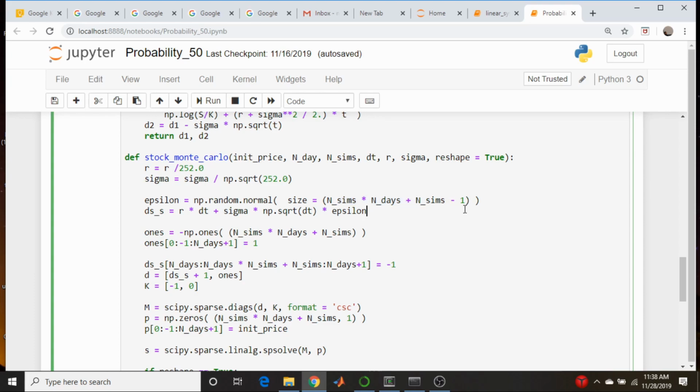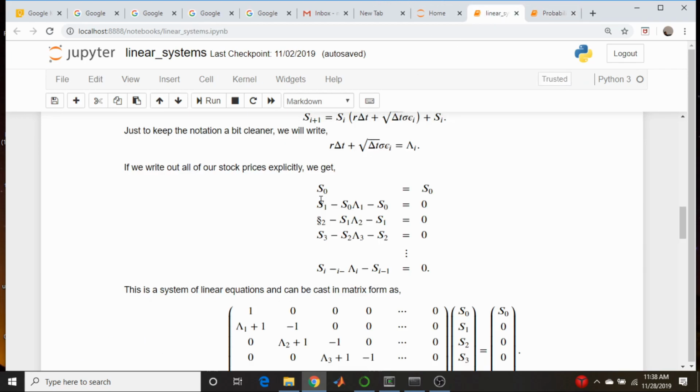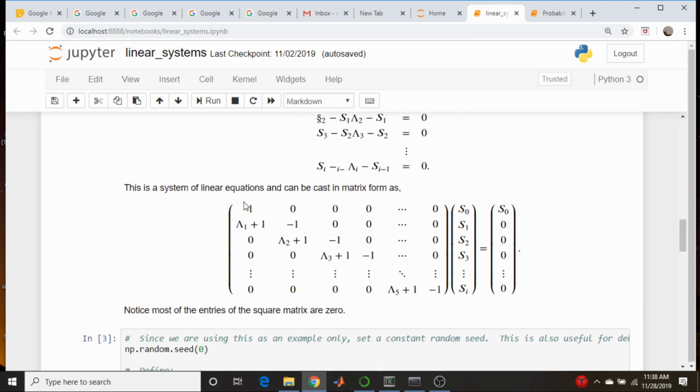This minus 1 here comes from the fact that these numbers are going to be used off of the main diagonal. So if we go back here and look at the shape of this matrix, this one is going to have all the elements, this vector of ones, and this random number vector is going to be used one below the main diagonal.